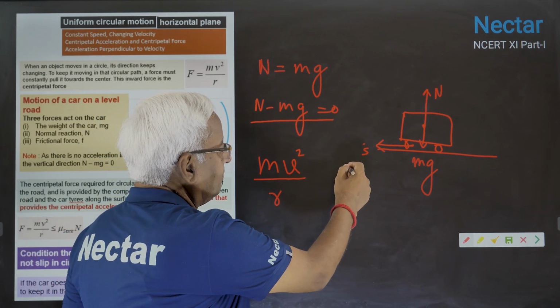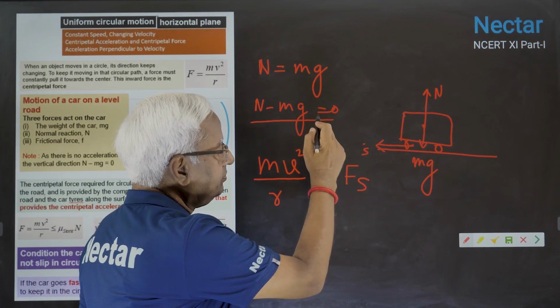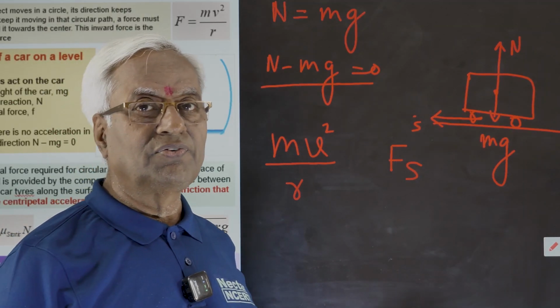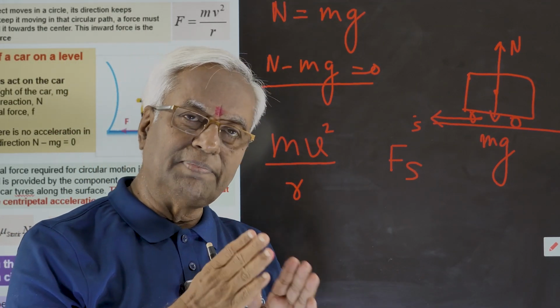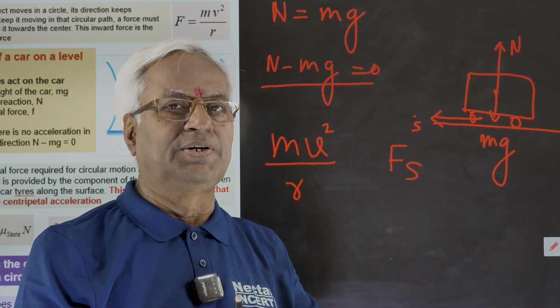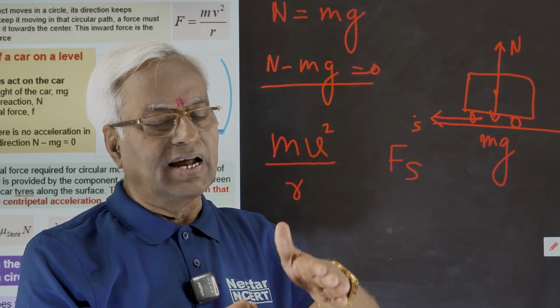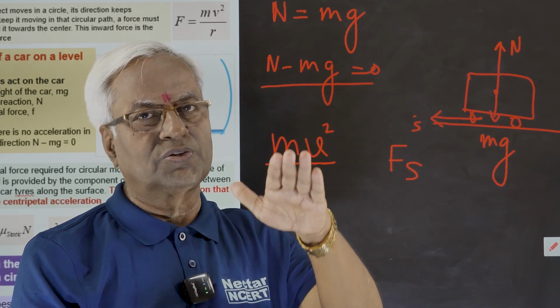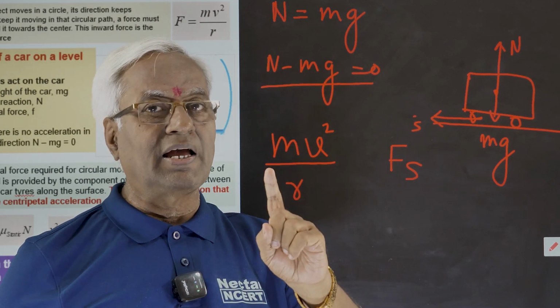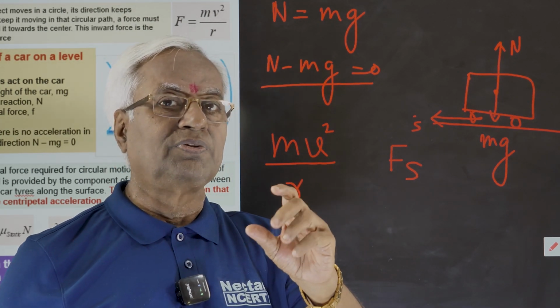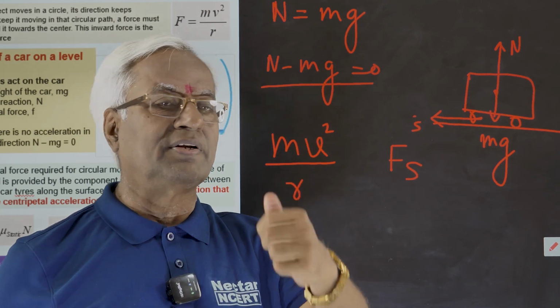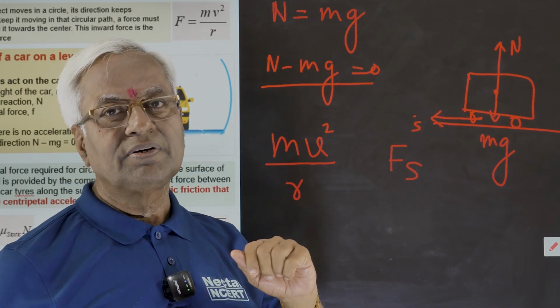And what is available? Static friction. You are not going to change it. You can't change it. Between the tire and the road, the friction is fixed. That is the amount available with you. That is the amount in your pocket. And this is the requirement.